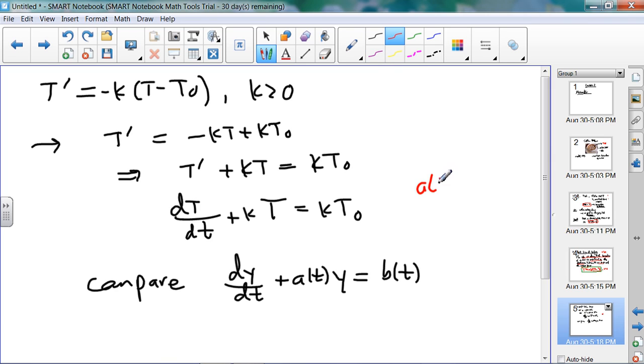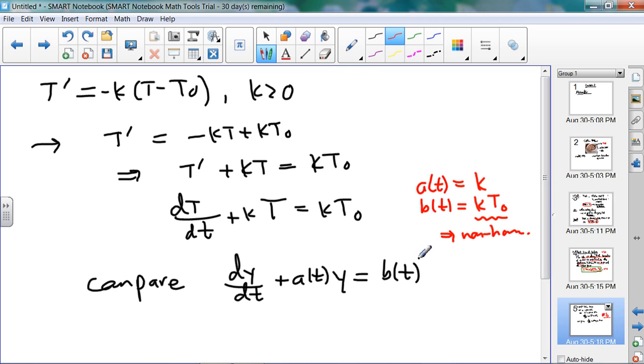So our a of t function here is just the constant k, and our b of t function is also a constant, k times the ambient temperature. So this is one of the simple cases where a and b are both constants, they're just numbers. Okay? But it is non-homogeneous because b is not equal to 0. So we don't quite know how to solve that yet.